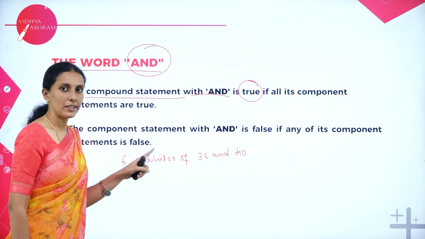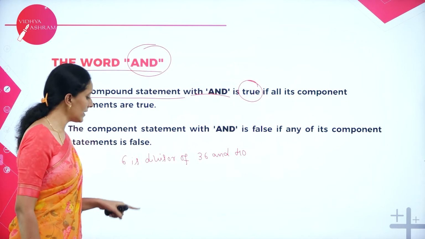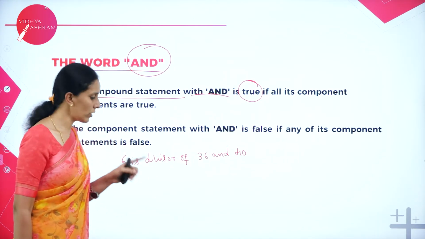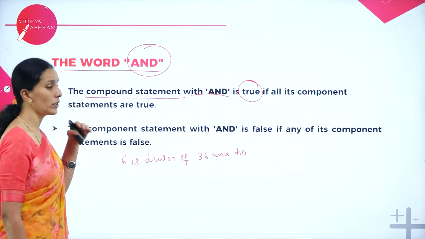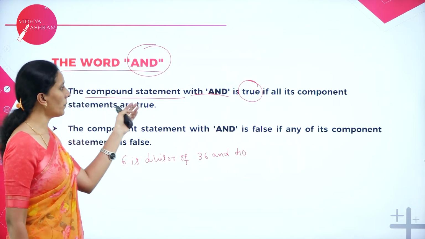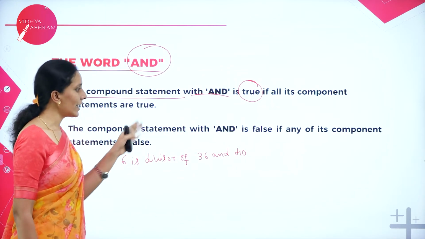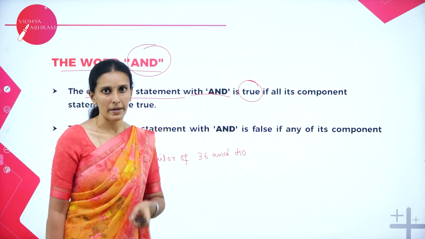The first statement is true because 6 is a divisor of 36. The second statement, 6 is a divisor of 40, is false. So therefore, this statement is false. So what does this state now? The word and says the compound statement is true if all its components are true, and in any other case, it is considered a false statement.